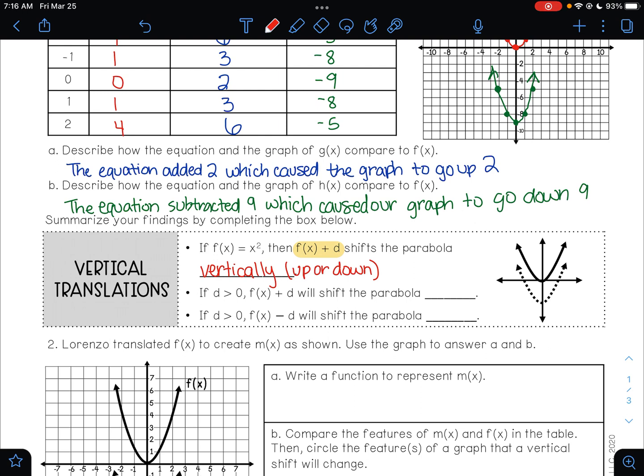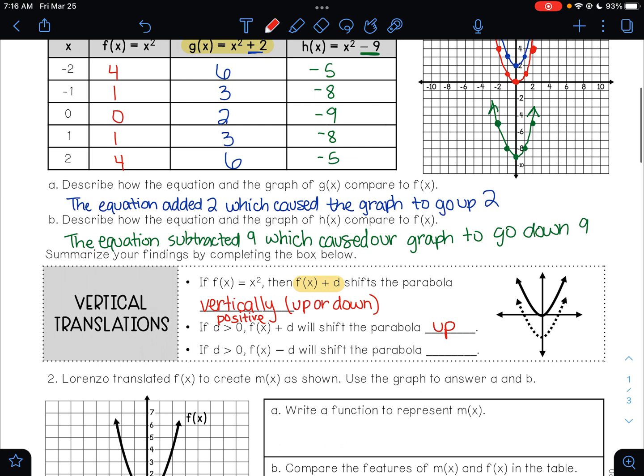Then let's fill in the rest of the blanks. If d is greater than 0, which means it's positive, then f of x plus d will shift the parabola up. So remember, that was like g of x. It went up when we added.